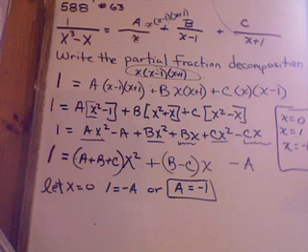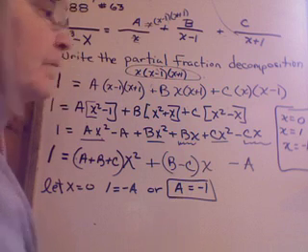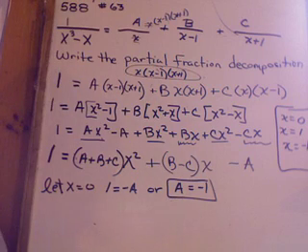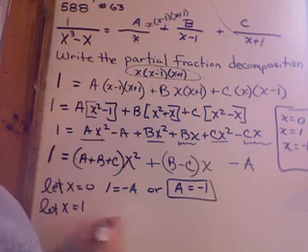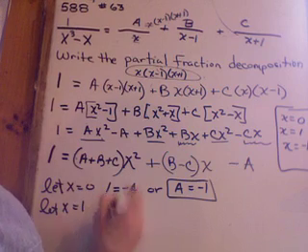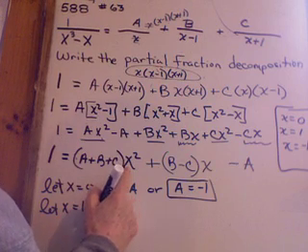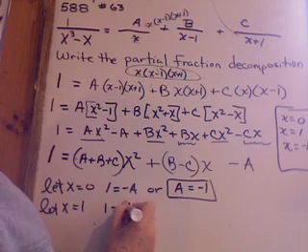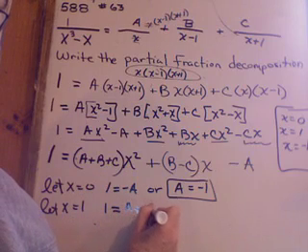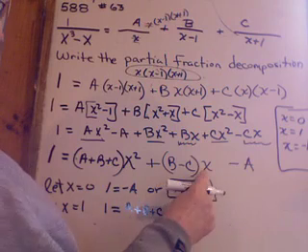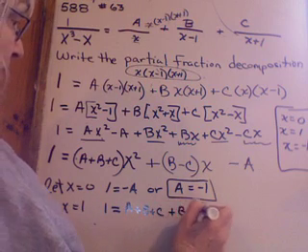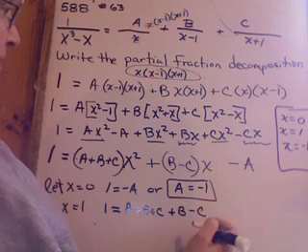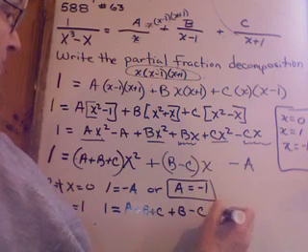Okay, what am I going to do next? I'm going to let x equal 1 and see what that gives me. So let x equal 1. What do we get? 1 equals, when x is 1, 1 squared is 1, so I have a plus b plus c. When x equals 1 here, I get 1 times b is b minus c. 1 times minus c is minus c minus a.